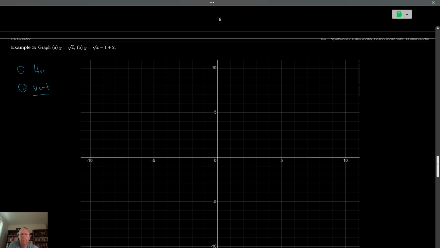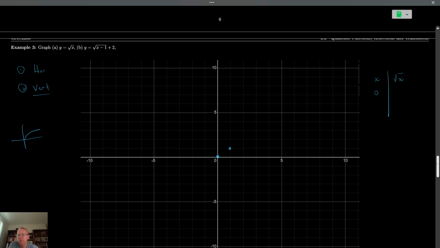So, the square root of x minus 1. First of all, the square root graph looks like that. Again, important to know. I guess we should do both of these, so we'll try to make this a little bit accurate. We could do a table here. Square root of x.